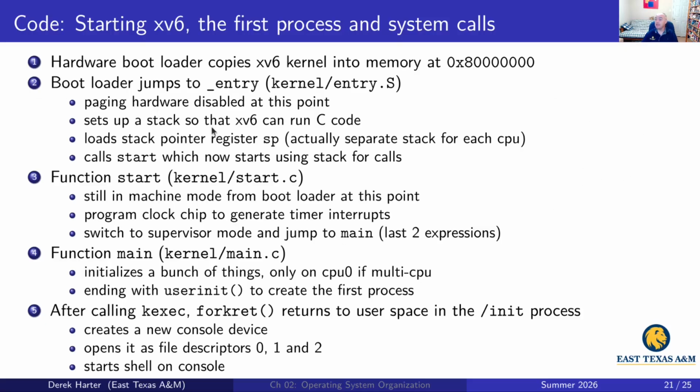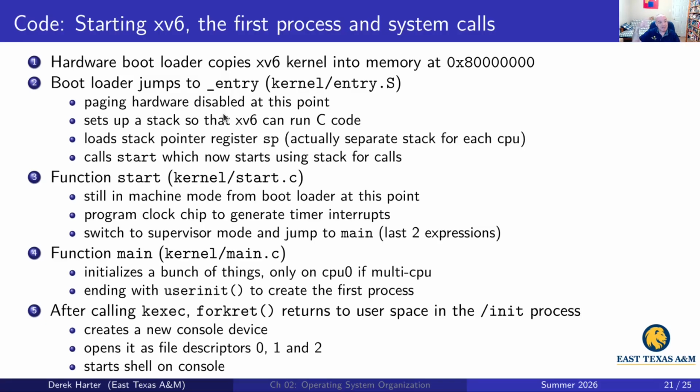So at this point, after the bootloader does its thing, we will jump to the entry point. What we mean by jumping is that the program counter gets set to this address, so whatever instruction is at this address will get fetched, and we'll start doing fetch-execute from this instruction in memory. At this point we're still in machine mode.